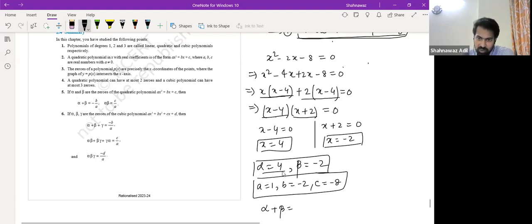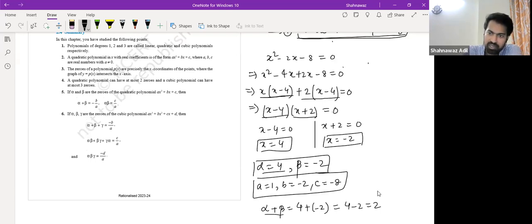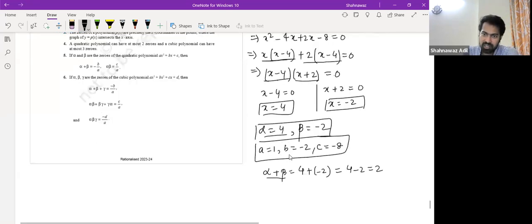Alpha plus beta would be 4 plus minus 2. So this is 4 minus 2, which is 2. Right, Rifa? Yes. This is the sum of the zeros. And what is the minus b by a that I get?